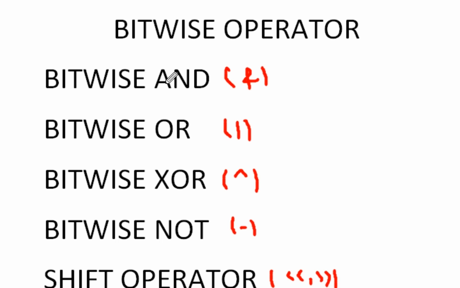Now we will see how the bitwise operator works, the same as the logical AND operator. Suppose we have two inputs A, B, with combinations 0 0, 0 1, 1 0 and 1 1.